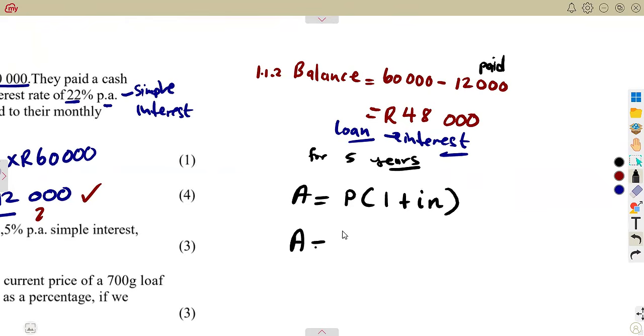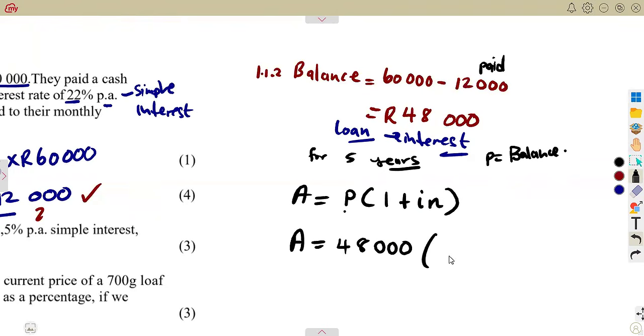So the amount will be equal to the principal, which is the balance that we had. So P represents what? The balance. So you're supposed to pay 48,000. So that's your initial amount as a loan to be paid.